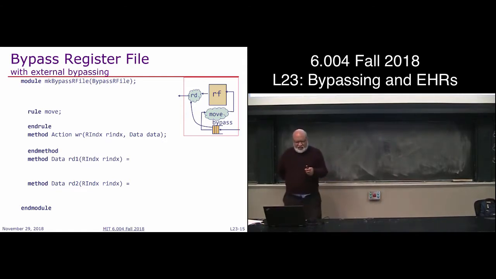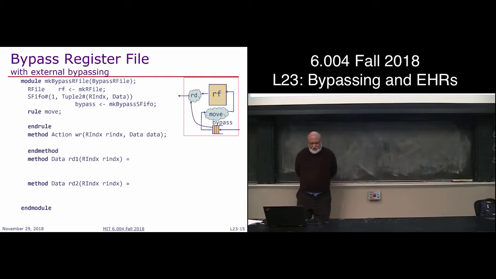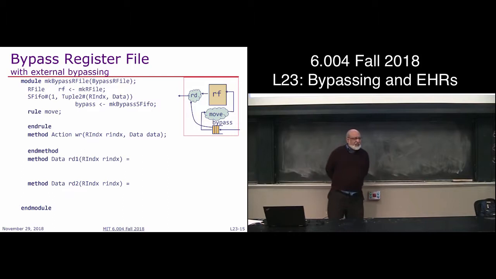Okay, so help me write this code. So what will register file write do in this case? It's just going to write into FIFO, right? So I need all these declarations: my register file is ordinary, and I have introduced a bypass FIFO in there.